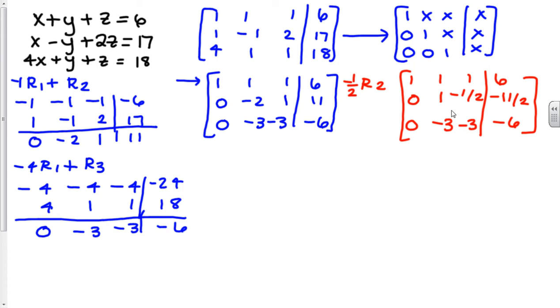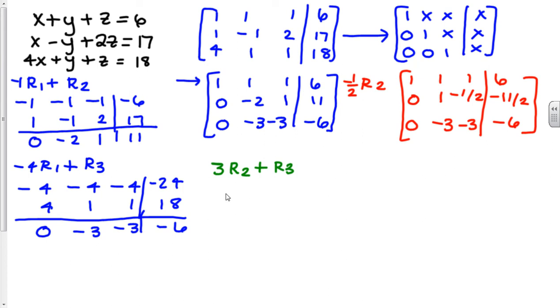So now all I have to do is multiply it by 3, and if I add them up, this will turn into a 0. So I'm going to multiply 3 times row 2, and I'm going to add it to my row 3 to make that -3 become a 0.